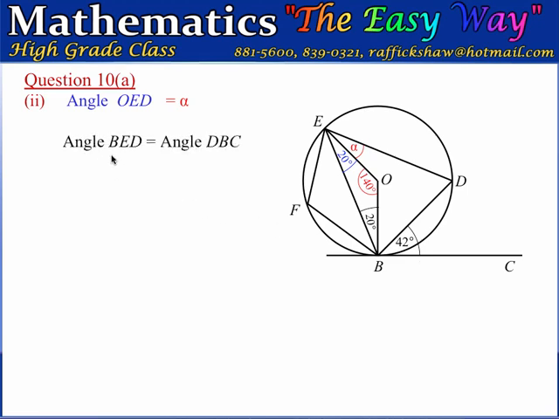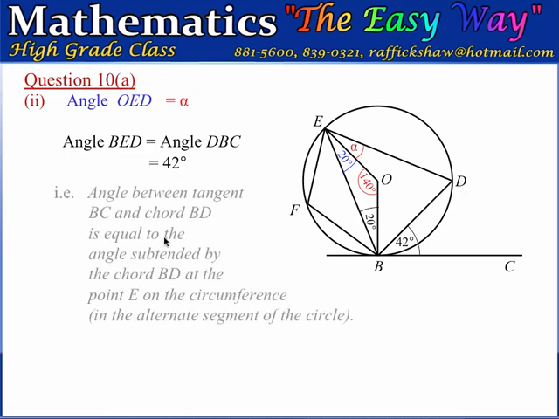Angle BED, that's the total angle across here, will be equal to angle DBC. That angle DBC is 42 degrees, and therefore angle BED is equal to 42 degrees.